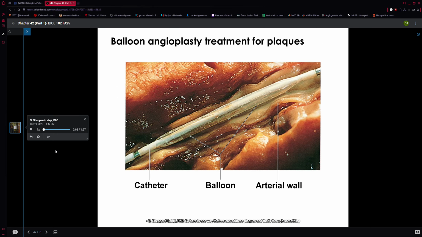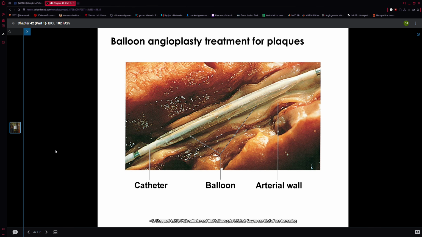So here is one way that we can address plaques, and that's through something called a balloon angioplasty, which is essentially vessel surgical repair. And in this process, there is a catheter. That catheter gets threaded into the arterial wall. And then there's a balloon that's found at the tip of the catheter, and that balloon gets inflated.